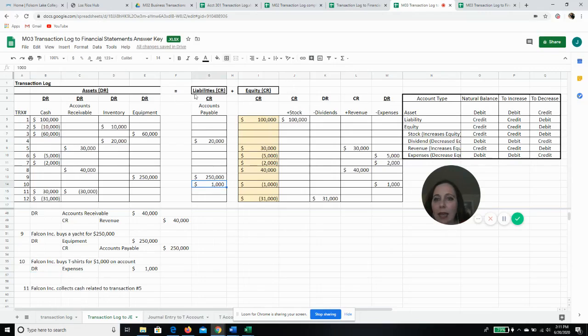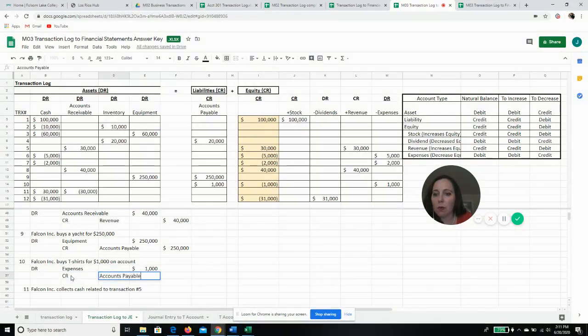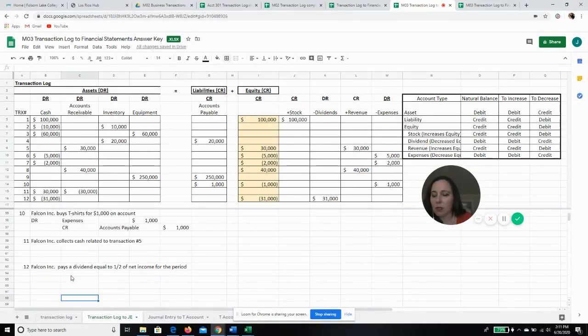And then accounts payable is a liability, and we increase a liability with a credit. So I'm going to credit accounts payable for 1,000. All right. We're getting almost to the end. Is that happy or sad? This is kind of fun, right? If you think this is fun, you might want to think about accounting as a career.